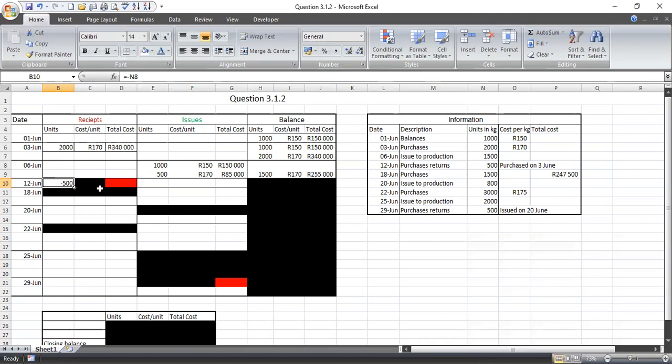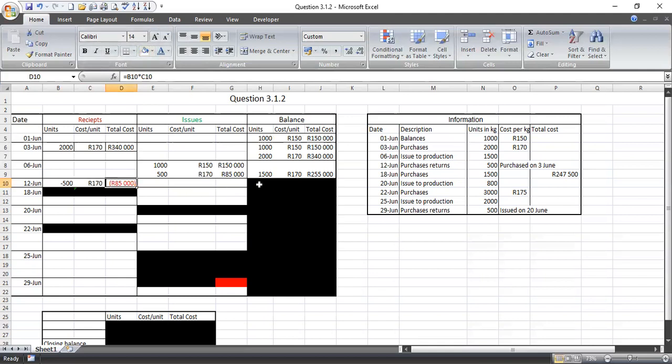So our inventory in the warehouse is being decreased, hence this is reflected as a negative. So we have a negative 500 units at a cost of 170 and at a total cost of 85,000.